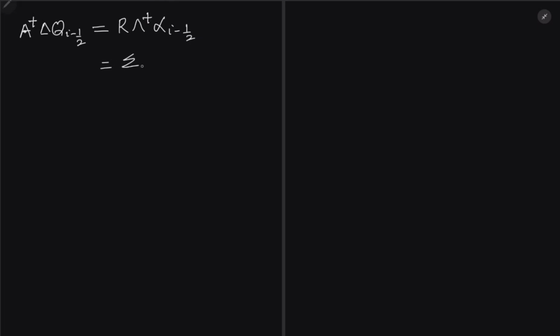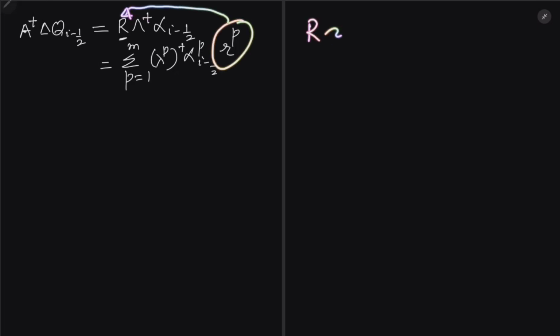So we have p equal to 1 to m. This R is a matrix. Now I want to write this in summation form. R is just the matrix which contains all the eigenvectors, and omega positive is lambda p plus alpha p I minus 1 half, and then we have r p. This r p is due to the matrix R, which contains all the eigenvectors r1, r2, r3, and so on.